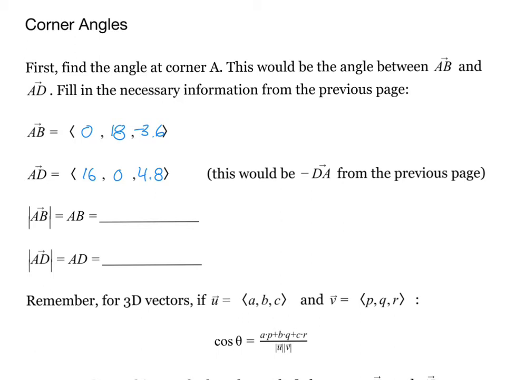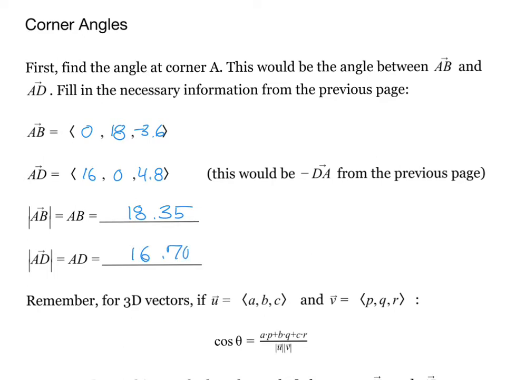That's all. And we have the lengths of AB and AD, and the vector AD's length should be the same as vector DA's length because they're just negatives of each other. Lengths don't change when you make it negative. So those are also things that we've recorded from the previous page, and these are in feet.